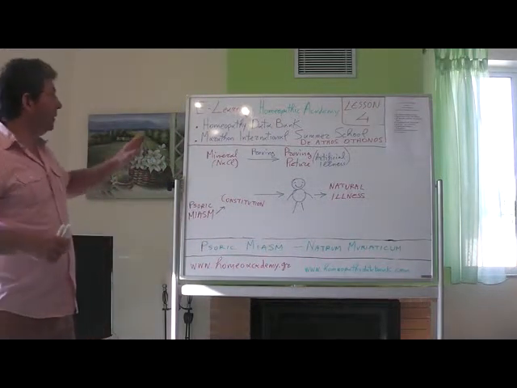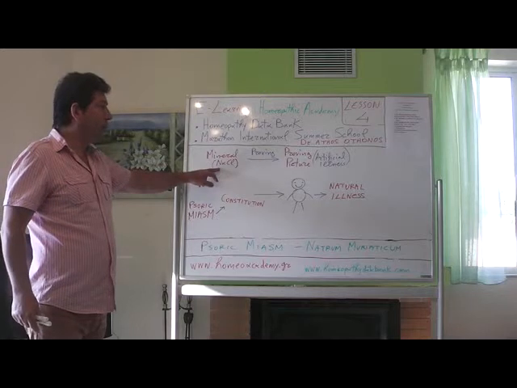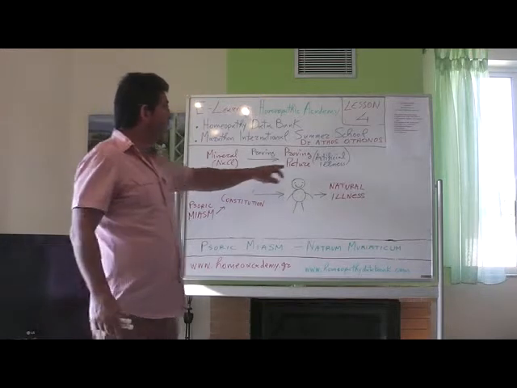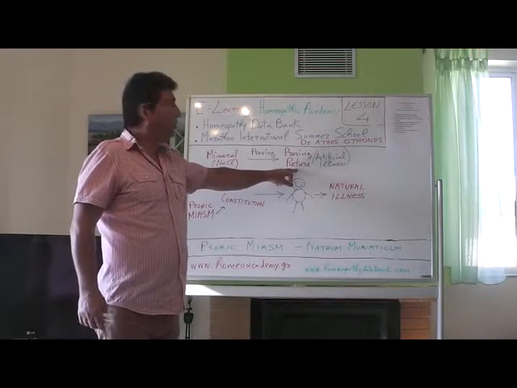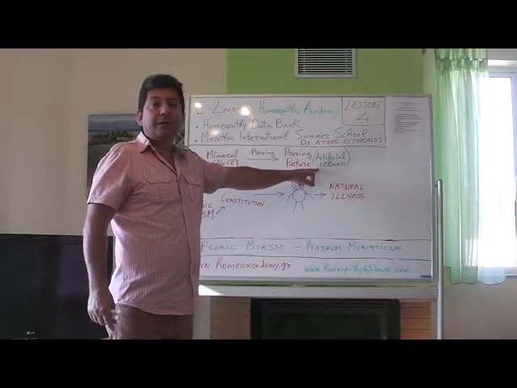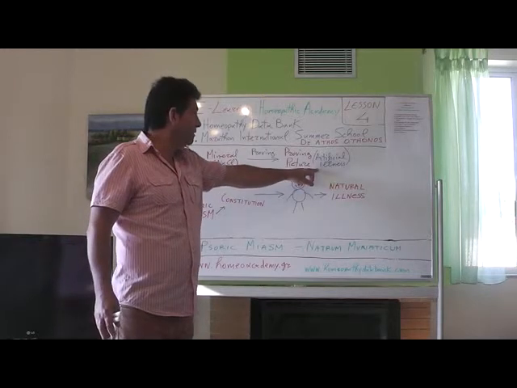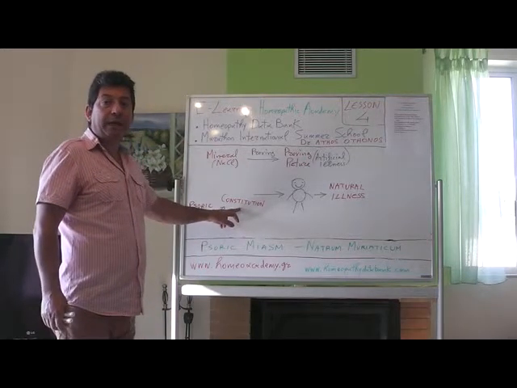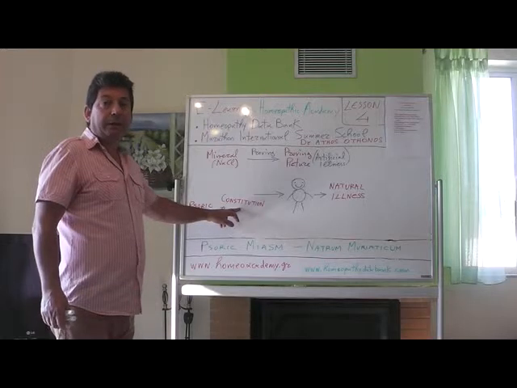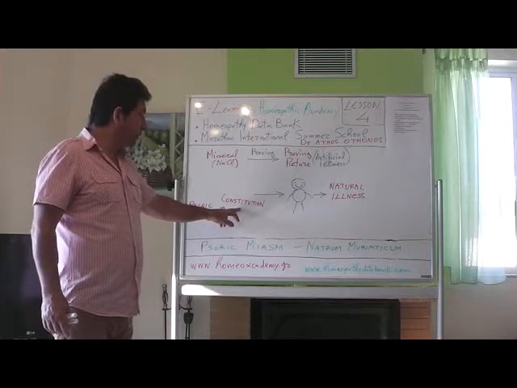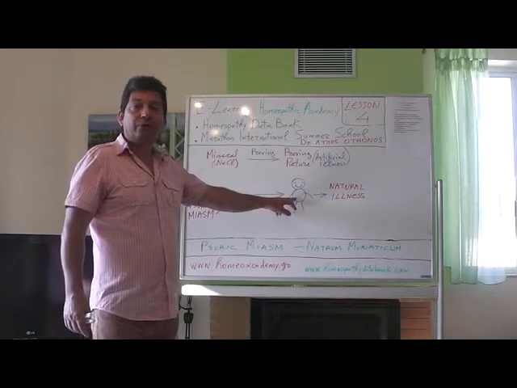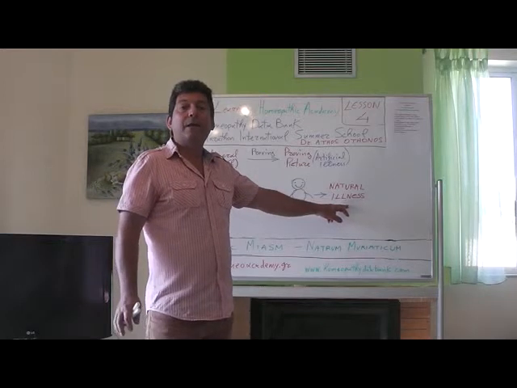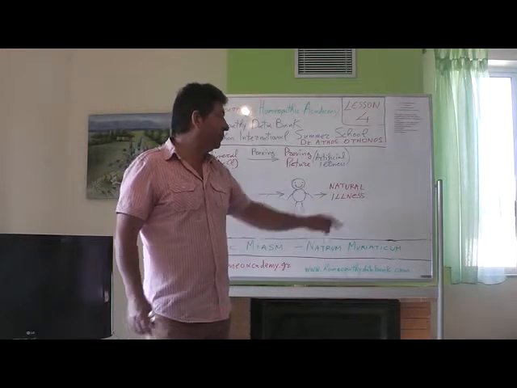So, we have to discriminate between the mineral Natrum Muriaticum, which is a mineral, a material thing; the proving picture of Natrum Muriaticum, which is an artificial illness, a set of symptoms, a sum of symptoms and signs; the constitution Natrum Muriaticum, which is a negative energy, that external negative energy that disorders the vital force of a healthy person and produces a natural illness of the type of Natrum Muriaticum.